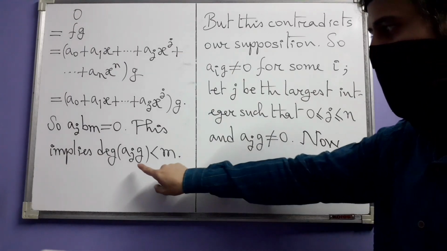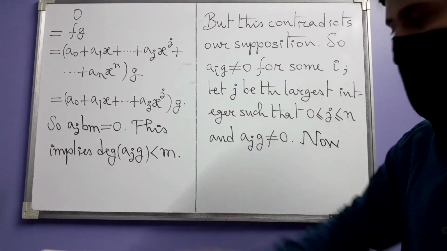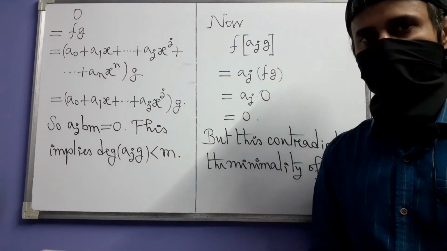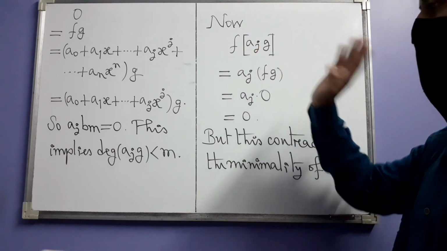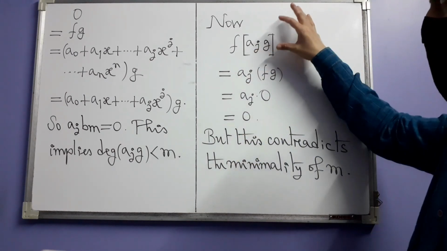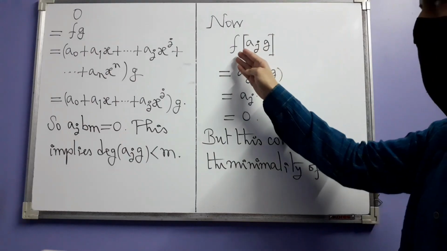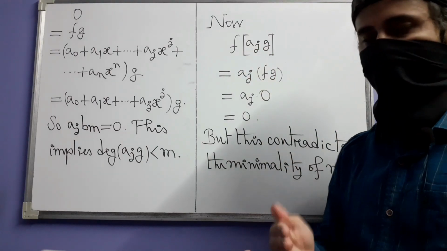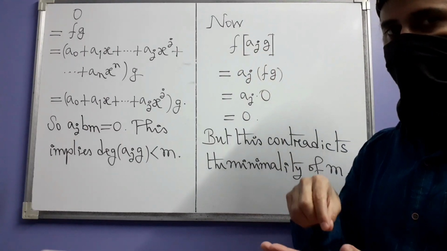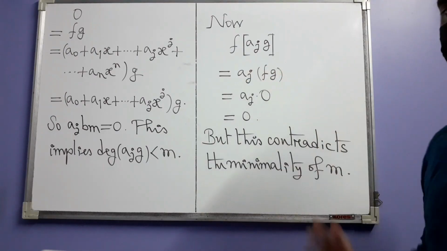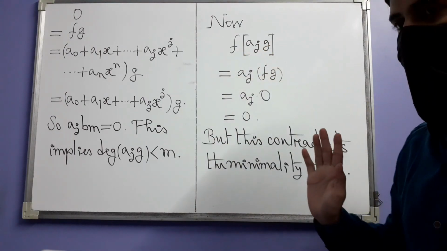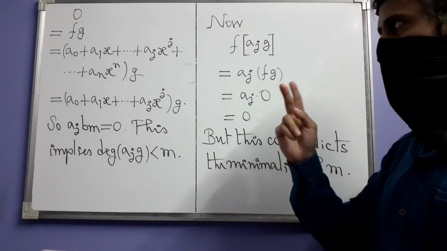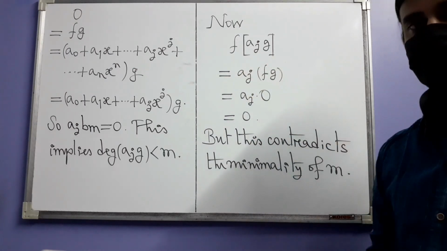And now we are almost there, we can use this. And now you consider this product f times a_j g. I have used square brackets here so that it does not look like we are evaluating the polynomial f at a_j g. No, this is just the product f times a_j g. So it is the product of the two polynomials f and a_j g.